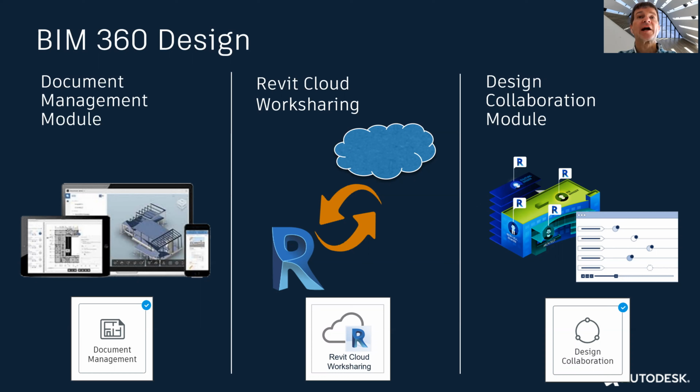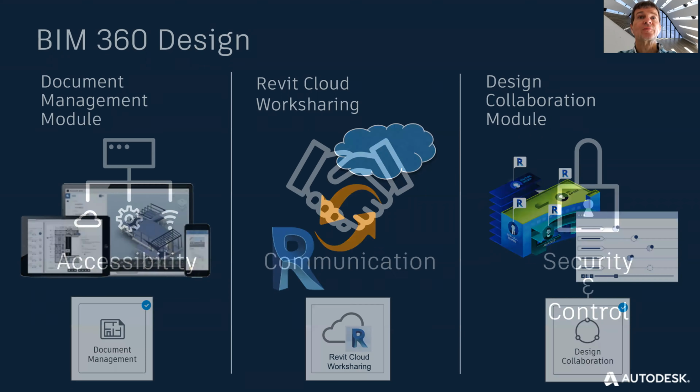Basically, what you can do directly from Revit is store the data in the cloud, related to the user. And then we have the Design Collaboration module, which is another layer of control, enabling people to really control the sharing and consuming of the data which are in the cloud between the teams. And of course, I will introduce it to you.